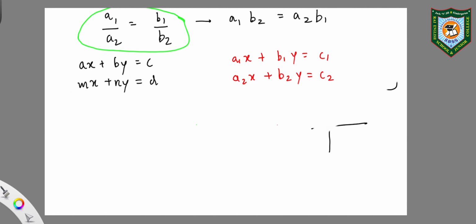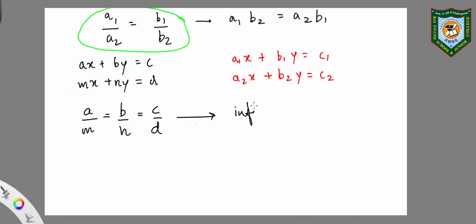So whenever I have a divided by m equals b divided by n equals c divided by d, that means I am going to have infinite solutions, because as we saw, the graph is represented for both the equations by one single line, and there can be an infinite number of points on that single line.